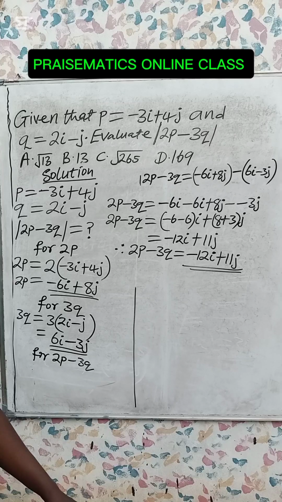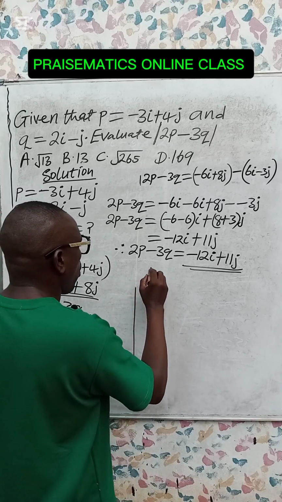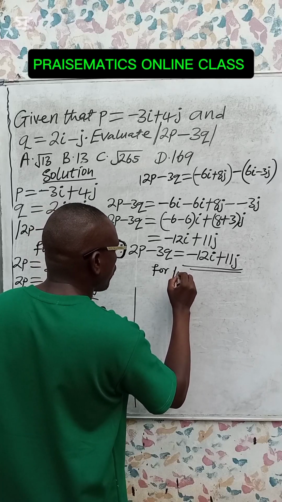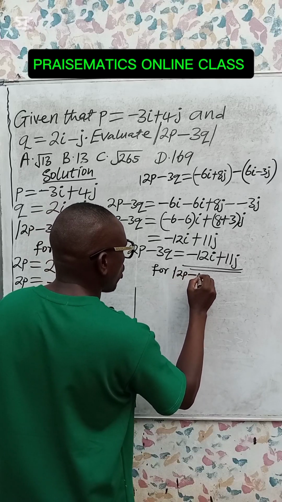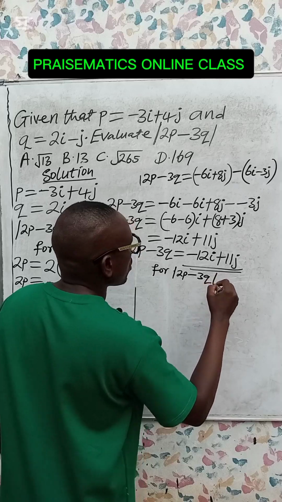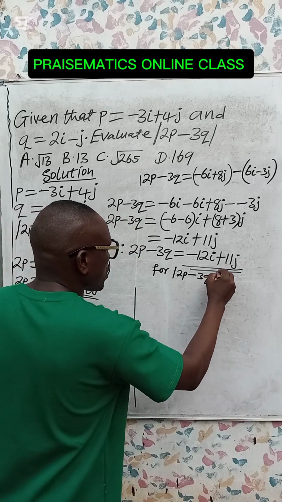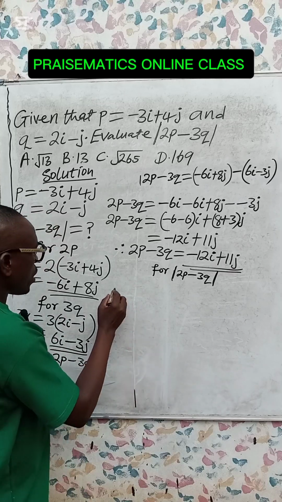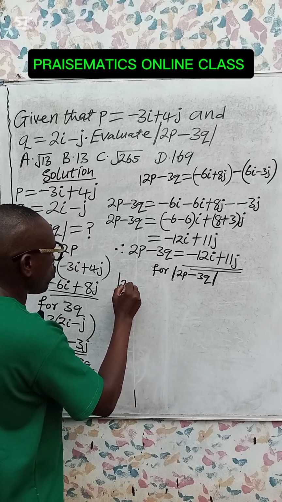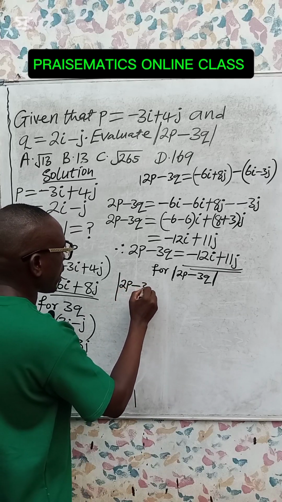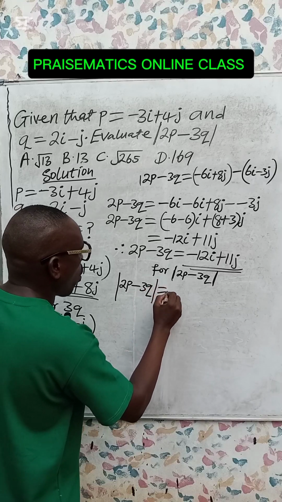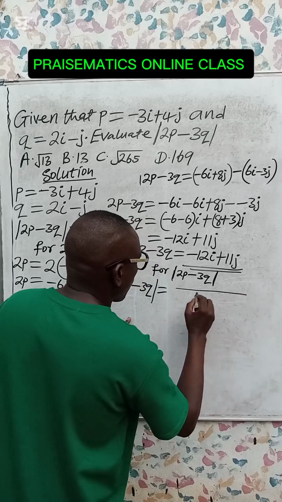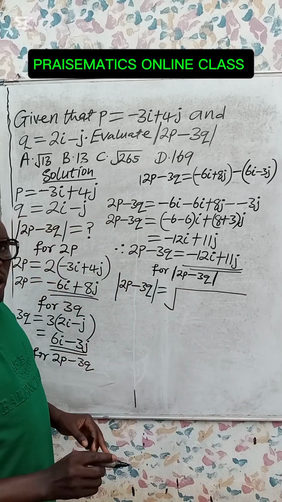That is the value of 2P minus 3Q. But we are looking for the magnitude of 2P minus 3Q. The magnitude of it is what we are looking for. So the magnitude of 2P minus 3Q equals, first of all, bring your square root.